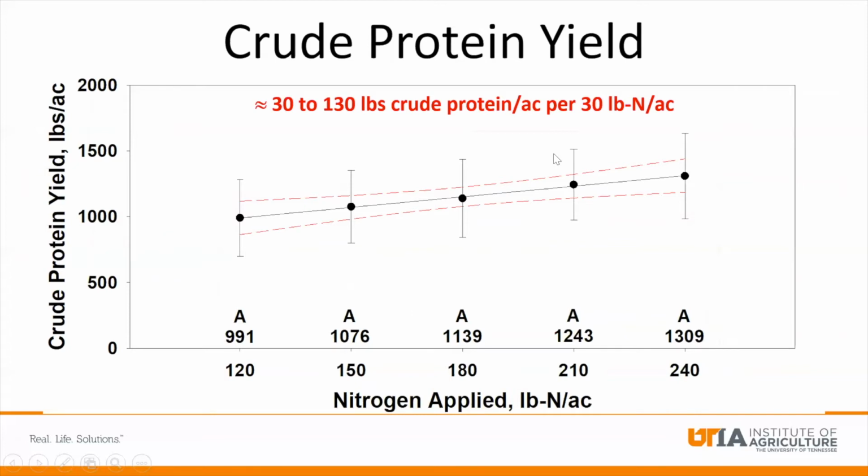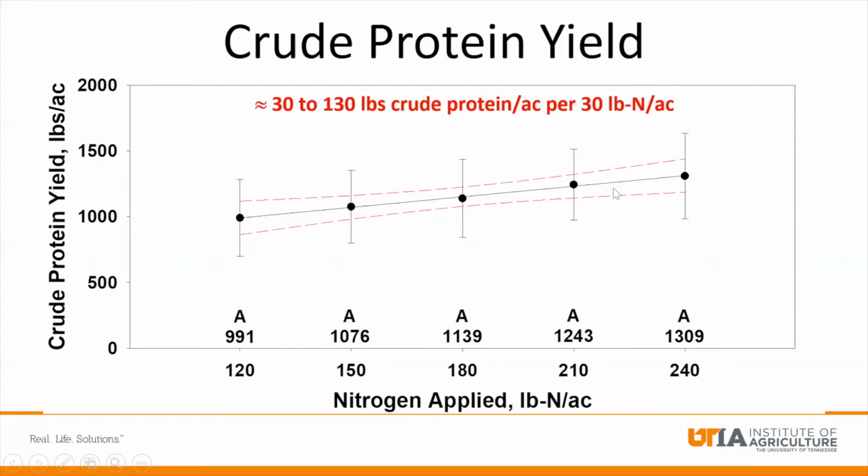Now, another way to look at this is in terms of silage quality. In this case, I've taken the crude protein concentration, which did increase significantly as the nitrogen application rate increases, and I've quantified it in terms of the yield in pounds of crude protein per acre. And you can see that in this case, I've got all of my averages lined up here.